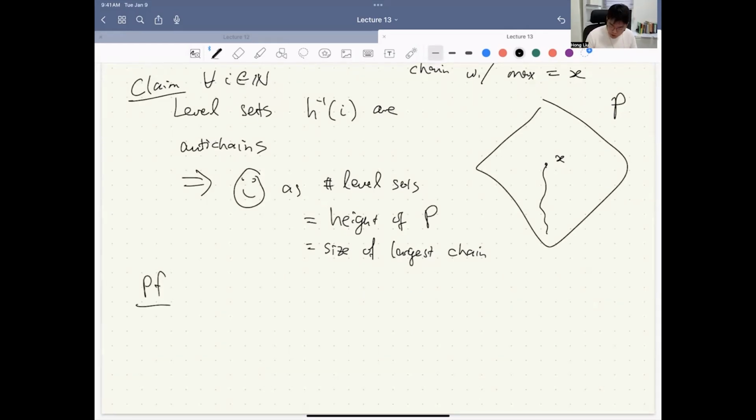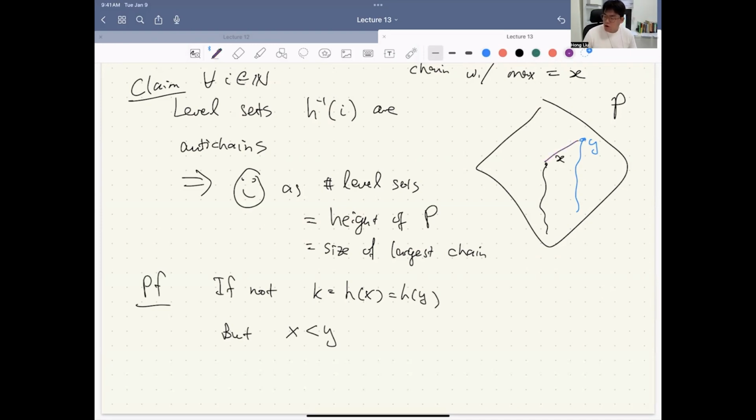Suppose otherwise. If not, let's say K equals Hx equals Hy, but X is less than Y. It looks something like this, right? You have Y here, and they are comparable.